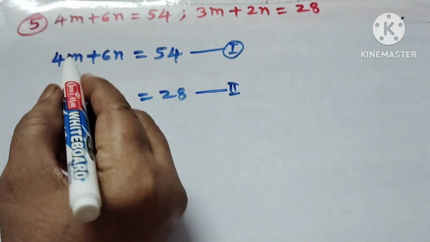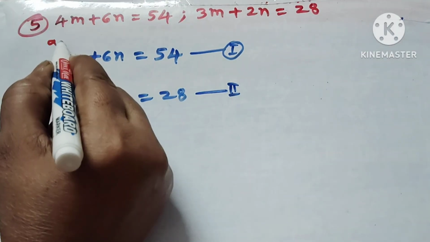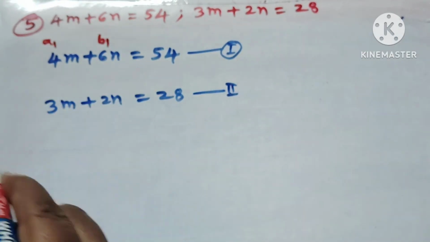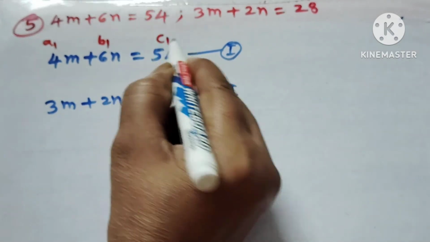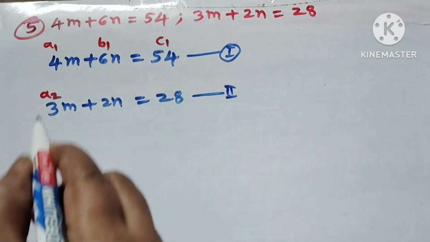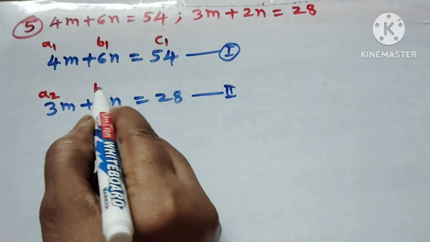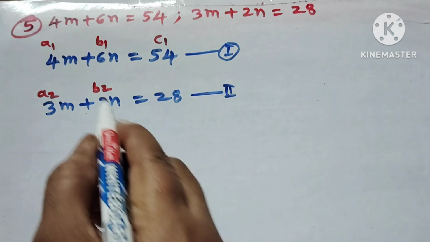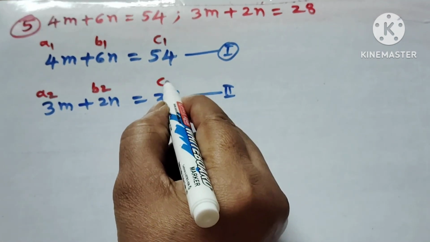Coefficient of m, write a1, here b1, here c1, a2, b2, coefficient of n b2, here c2.